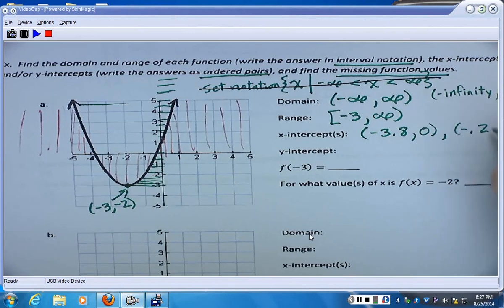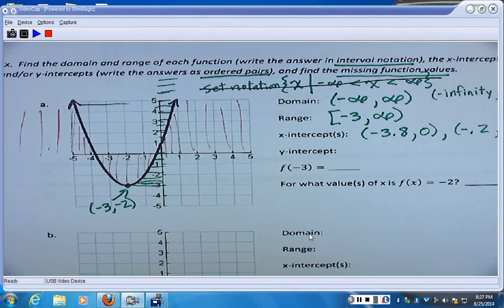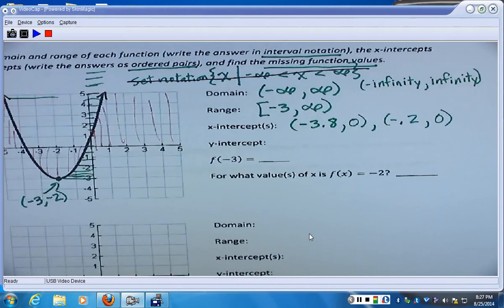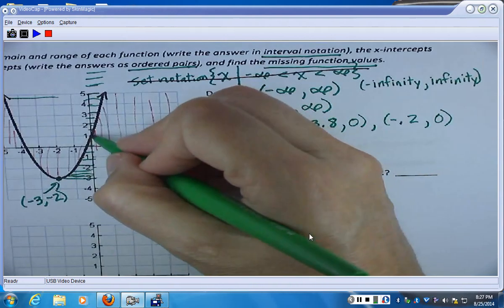That's fine. Comma 0. It's okay that you can't read it as crossing at a point.